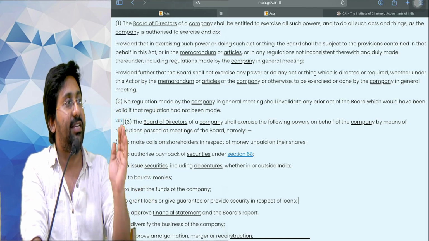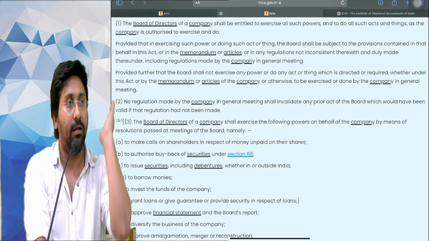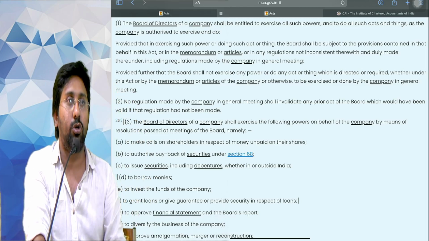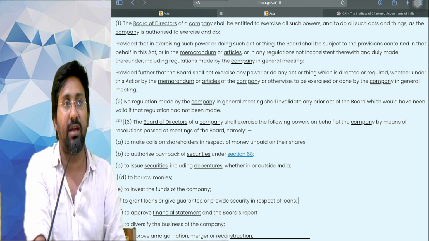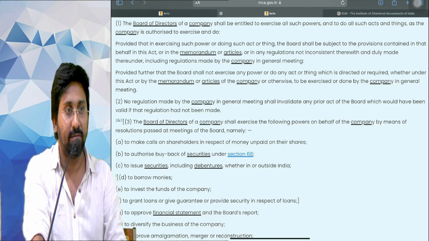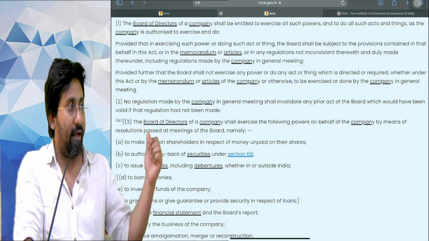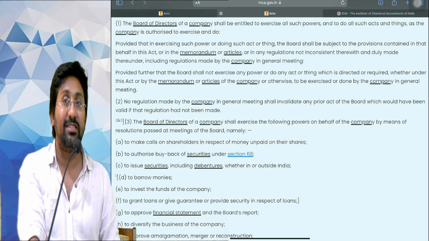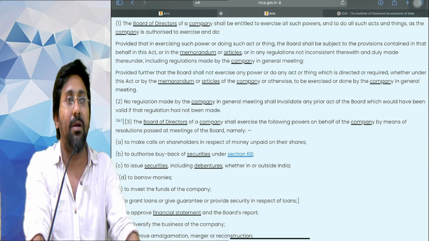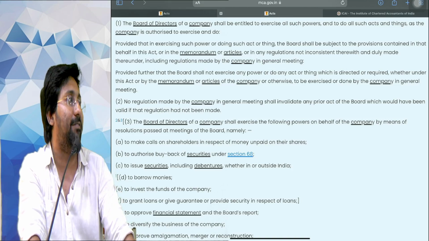Tell me, what is the relationship between director and company? Principal and agent. Like this, you should not think an individual director has no relation. Board of directors are the agent, not an individual director. Very good. Read again. There he used the word the board of directors. We are reading director meeting, board meeting. We are reading board powers, director powers.